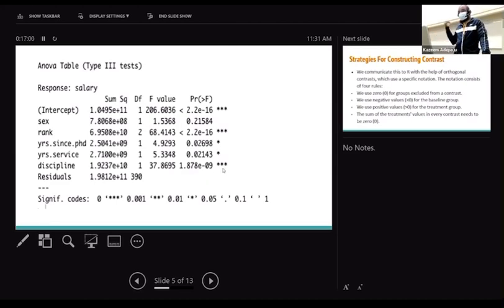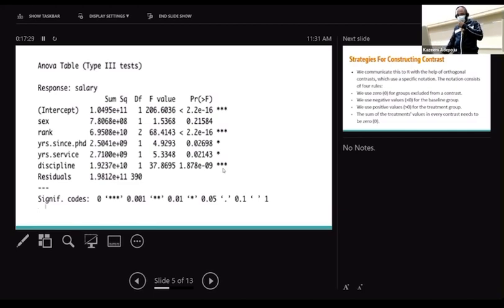So what is it telling us, right? Discipline plays a role. The discipline of a professor plays a role in the salary based on what I'm presenting right now. Years in service play a role in salary, and the years since PhD also play a role. Rank plays a significant role.